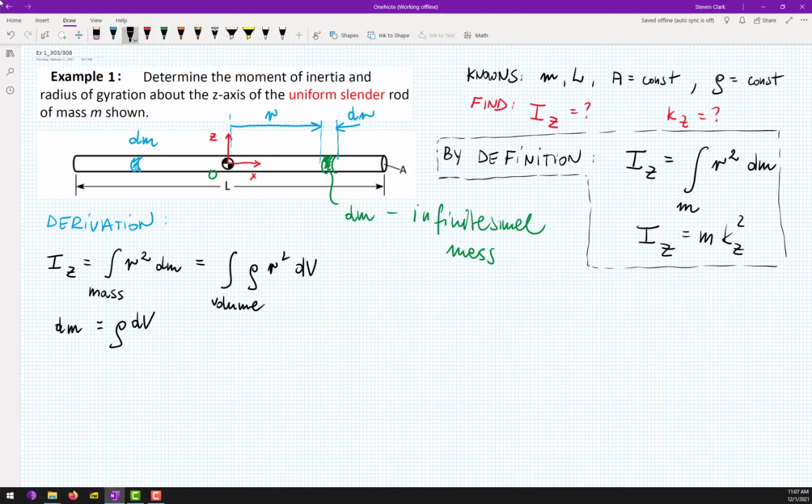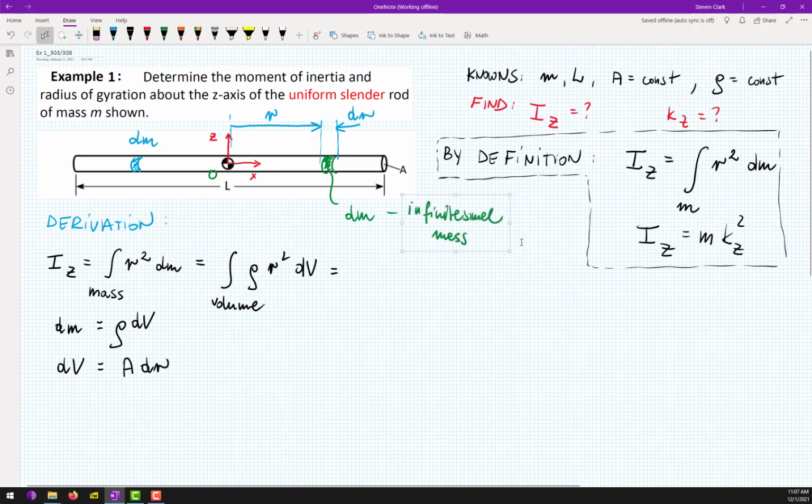Yes. Moreover, our dv can be expressed as a dr, right? So that will be rho a r squared dr, and this integral will be over the length.